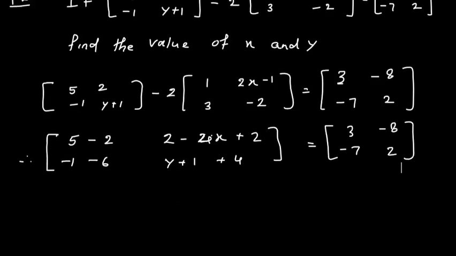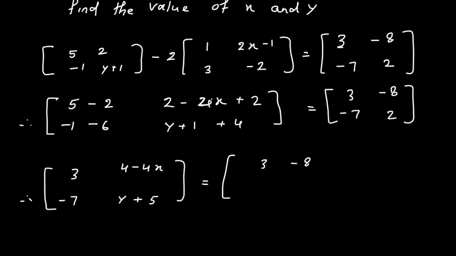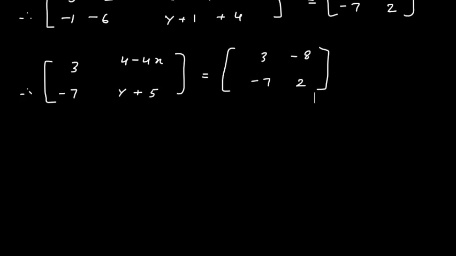So therefore I will say this 5 minus 2 is 3, minus 1 minus 6 is minus 7, 2 plus 2 we have 4, 4 minus 4x, and here we have y plus 4 plus 1 is 5, and this is equal to, here we have 3 minus 8 minus 7 and 2. Now by equality of matrix let us compare.